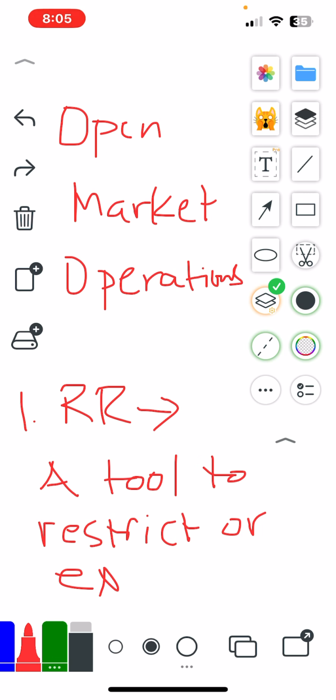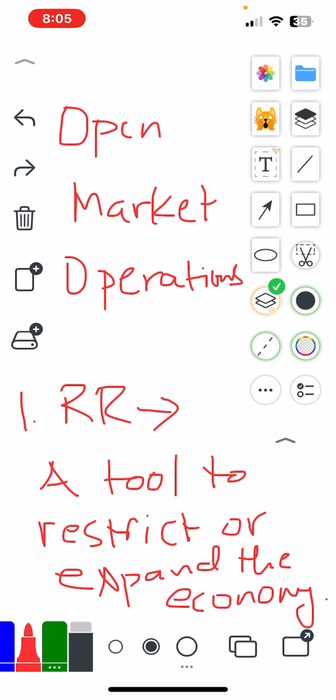So this is required reserves, a way to restrict or expand the economy.